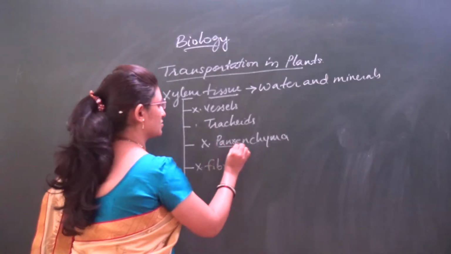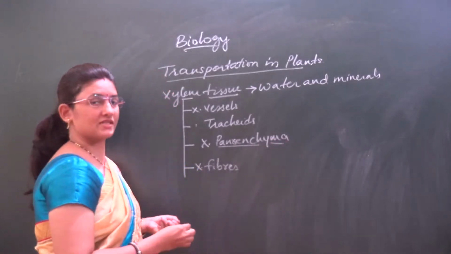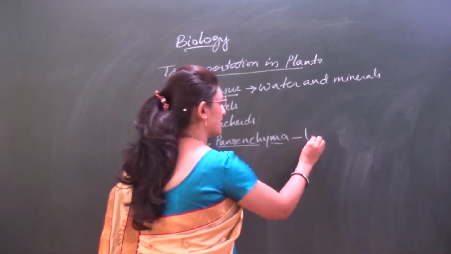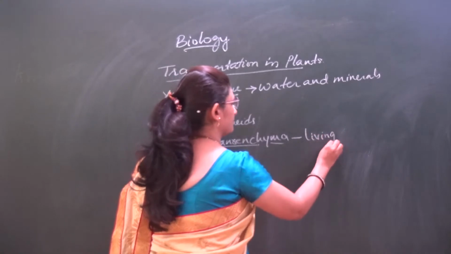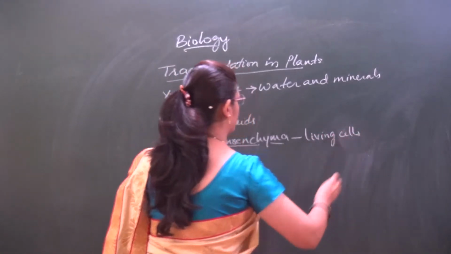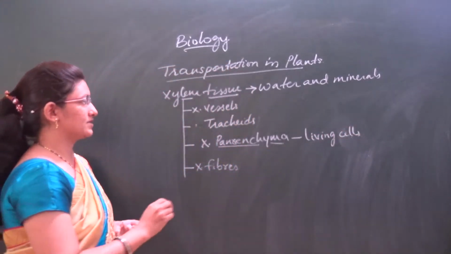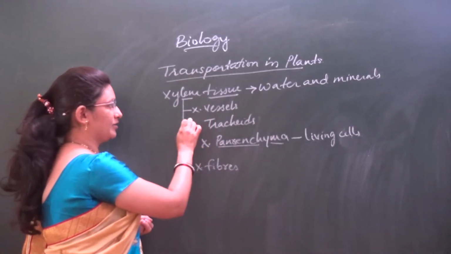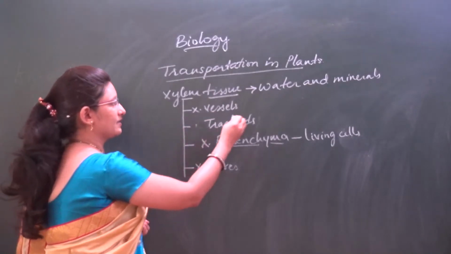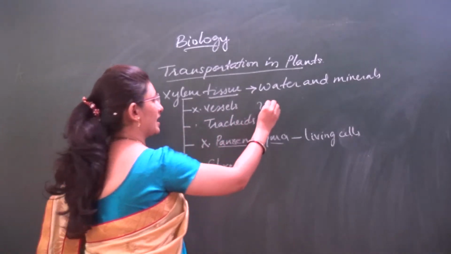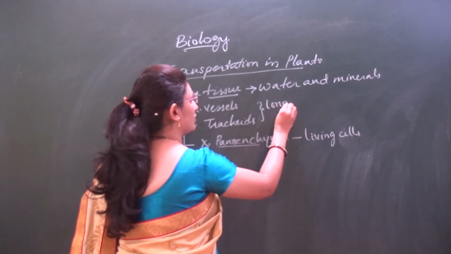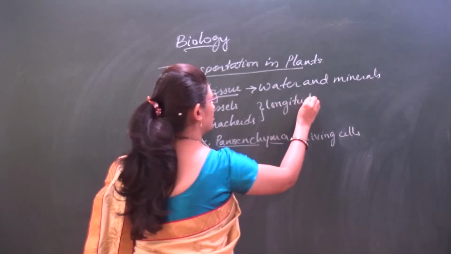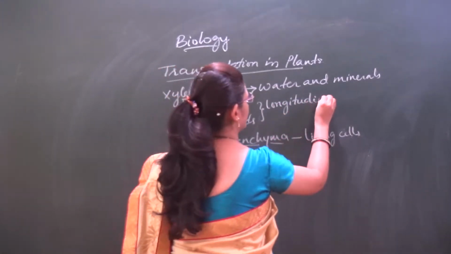So among these, it is only the xylem parenchyma which consists of living cells, whereas the others are dead cells. Among these four components of the xylem, it is the xylem vessels and the tracheids that help in the longitudinal conduction of water.